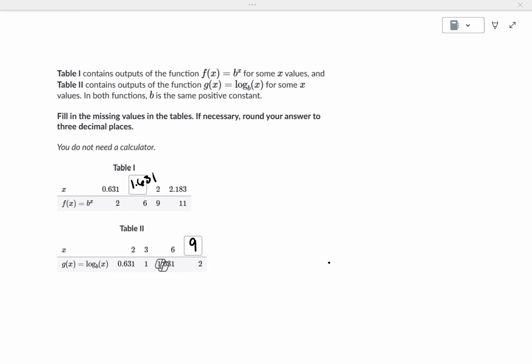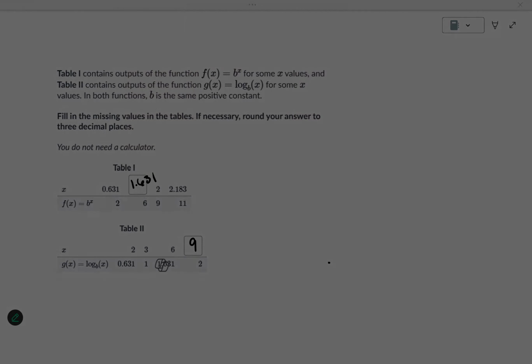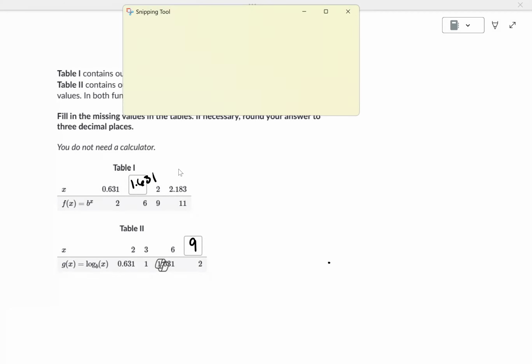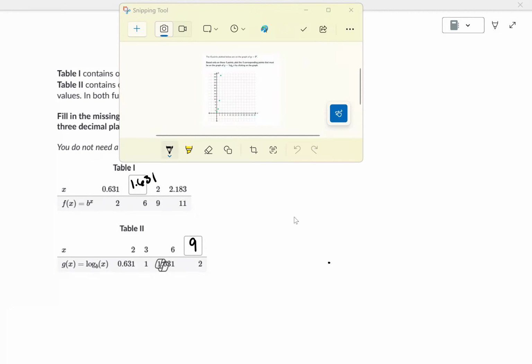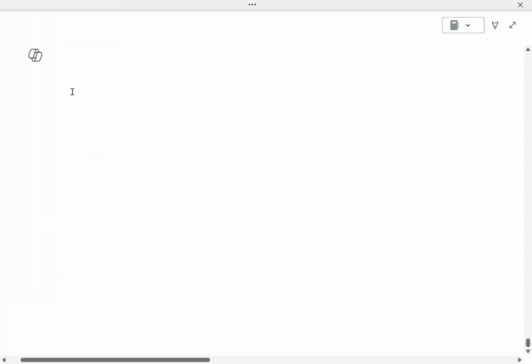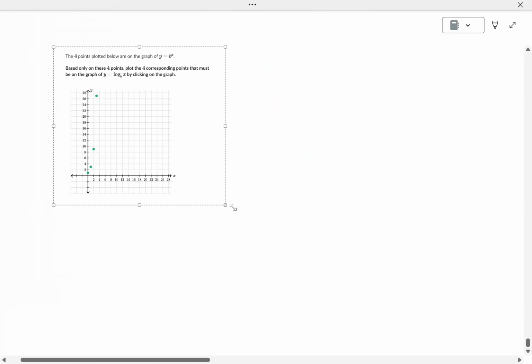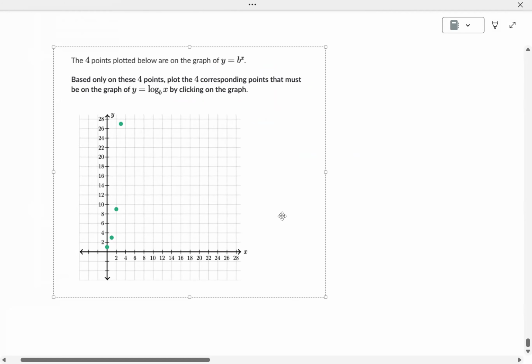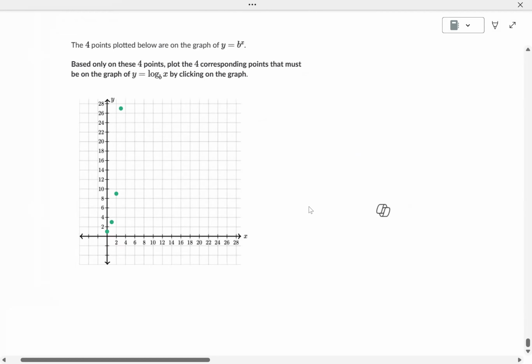Actually, let's do one on the graph. So here's one where it gives us these points, and we have to figure out where do these points go if we're thinking about what they gave us on the exponential graph. Where do our logarithmic points go? And again, it's just the inverse.